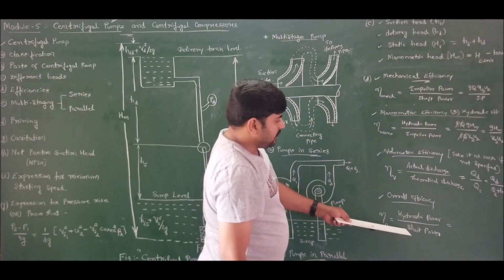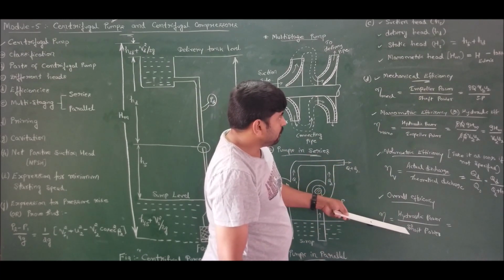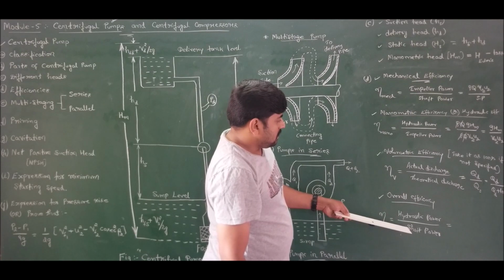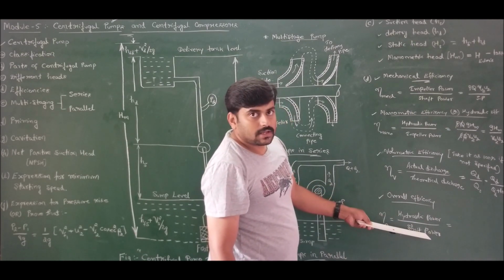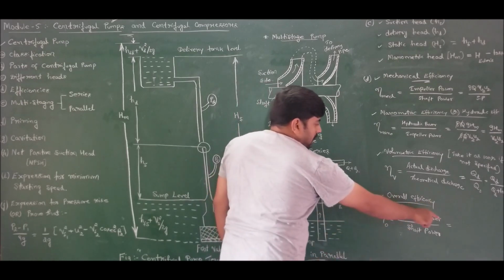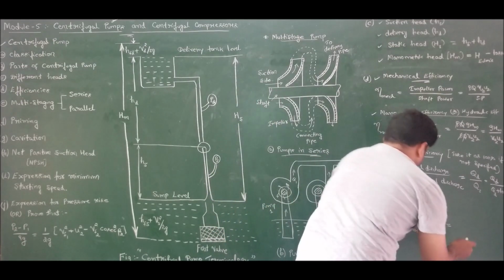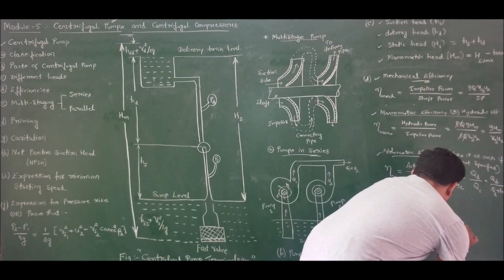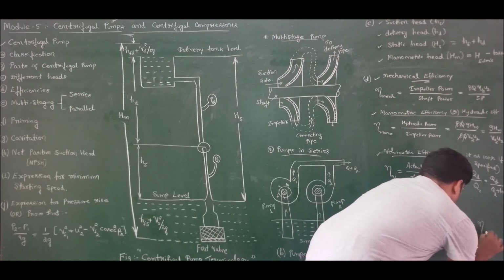If I multiply and divide by impeller power, hydraulic power by impeller power will give us manometric efficiency, and impeller power by shaft power will give us mechanical efficiency. Rearranging the terms, I get hydraulic power by impeller power as manometric efficiency, and impeller power by shaft power as mechanical efficiency.